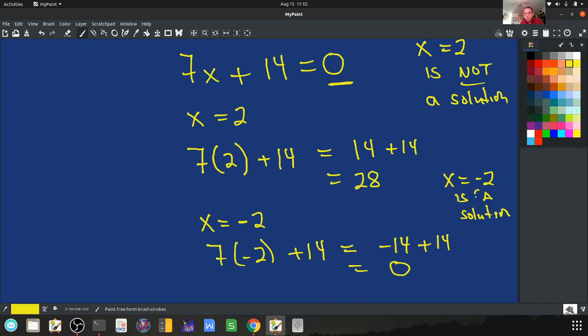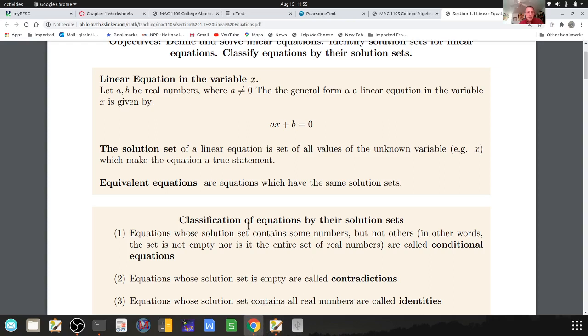Notice I used the word a solution rather than the solution, because as it turns out, the solution set is the set of all values of the unknown variable x which make the equation a true statement. Now with linear equations, there are 3 possibilities. There is exactly one value of x that makes the equation true.